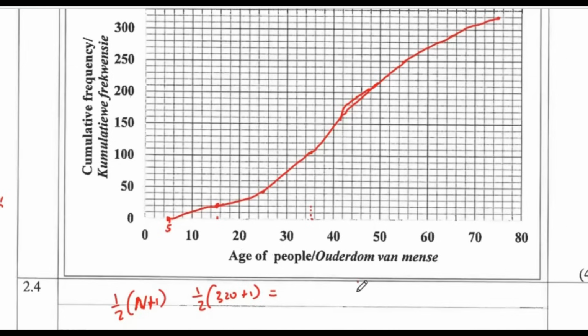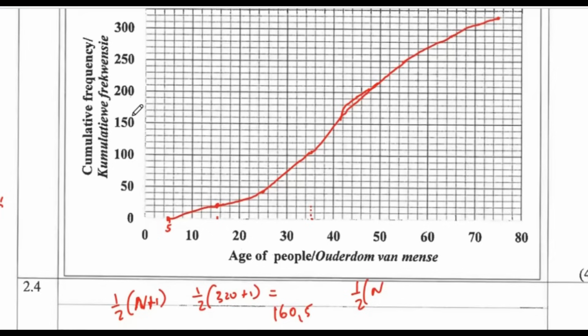So I'm just going to use a half of n. I can do the same with a half of 320, so it's 0.5 times 320 plus 1. That's going to give me 160.5. 160.5 is just the same as 160.